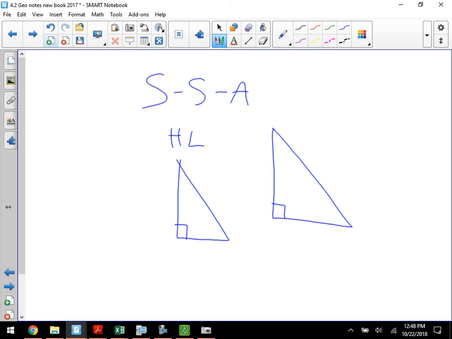So if this is 6 and this is 10, and this is 6 and this is 10, are those two sides equal to each other? 10 is equal to 10, 6 is equal to 6, and that's a right angle. So if you look at it, that's angle, side, side, isn't it? It works in this case because the Pythagorean theorem tells you 6 squared plus something squared equals 10 squared.